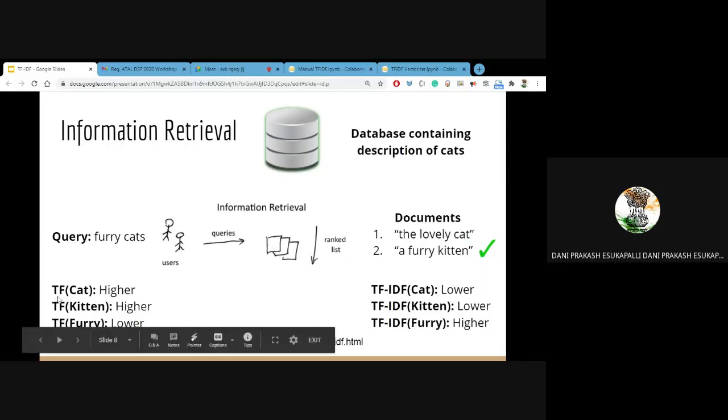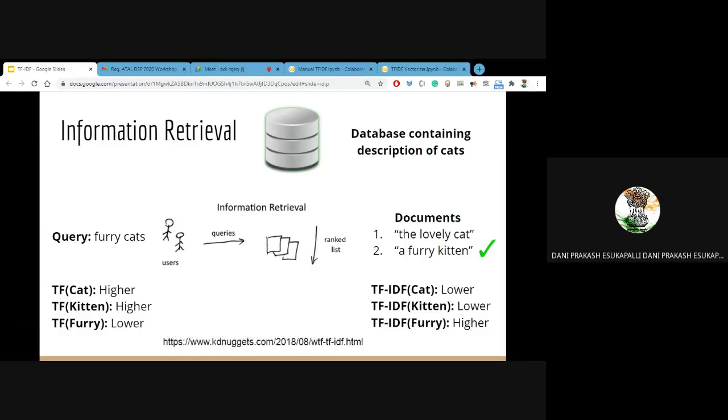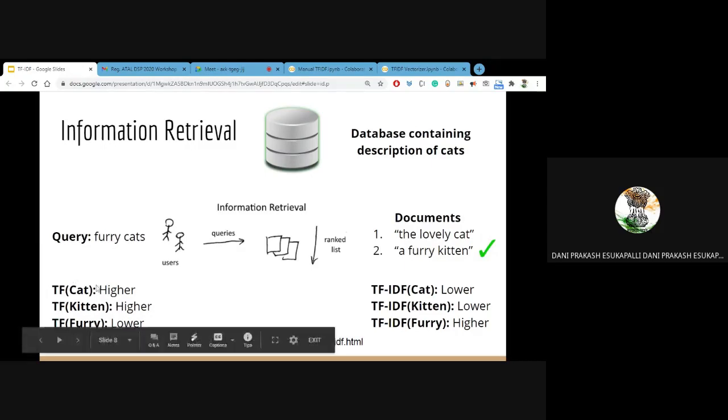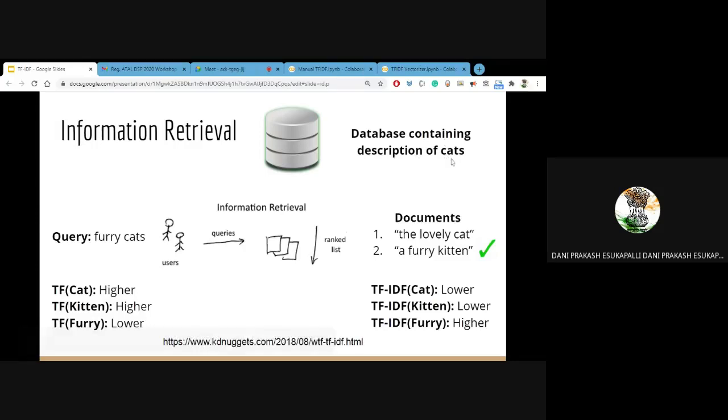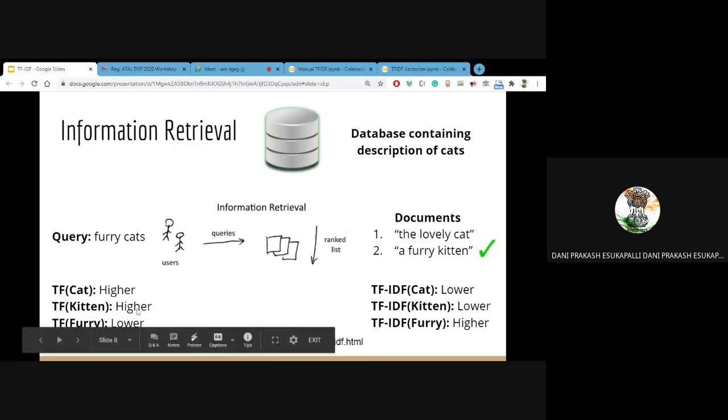We know that term frequency will give more frequent words, right? So the term frequency of cat will be higher, because it is a description of cats. The term frequency of kitten will be higher, and the term frequency of furry will be lower, because cat and kitten are frequent words, but furry is not that frequent.